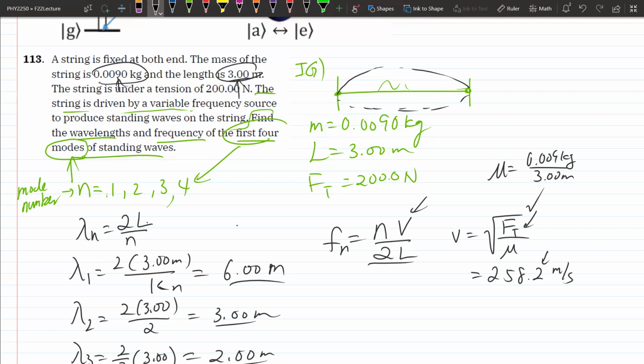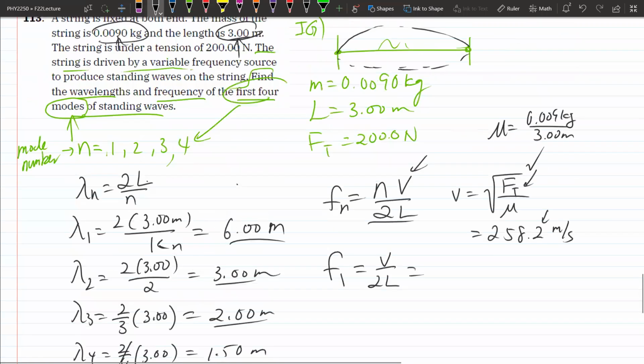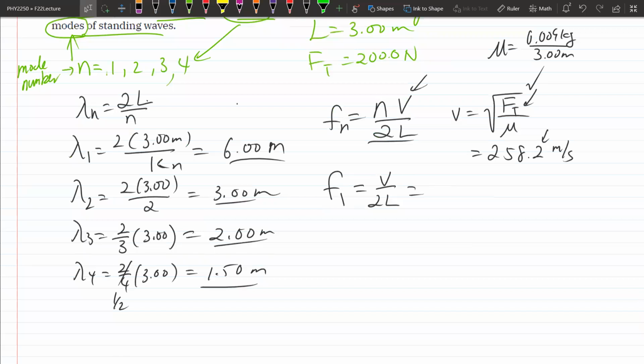If I want the fundamental frequency, or n equals 1, it's just the speed divided by twice the length. The length of the string is 3 meters, divided by 6. That's going to be 43.0 hertz.